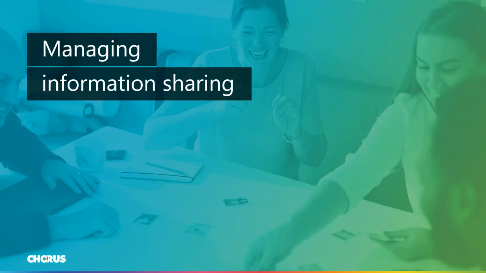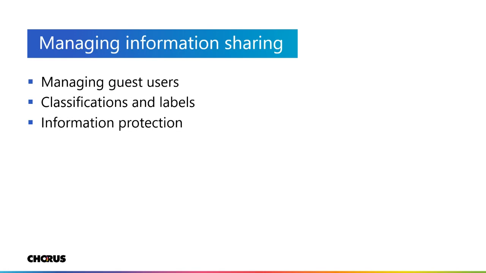Okay, so the next area is how do we manage how people share information? How do we ensure that sensitive information is treated appropriately based on its sensitivity? So there's a few things to look at here.